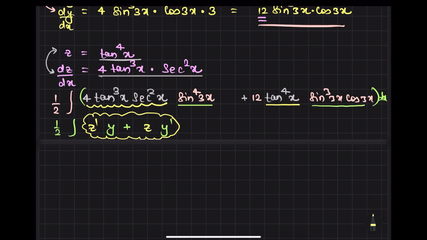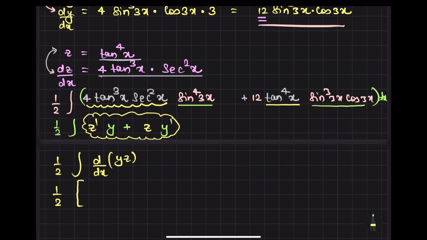Differentiation of uv. So can I write 1 by 2 integration of differentiation of what? yz with respect to dx. Correct? So you know that integration and differentiation are opposite of each other. So can I directly remove differentiation and integration together?